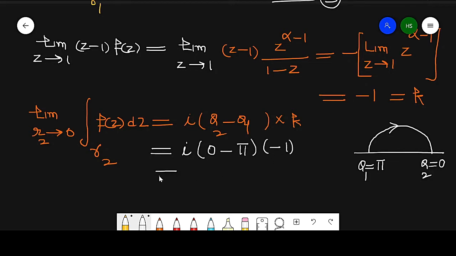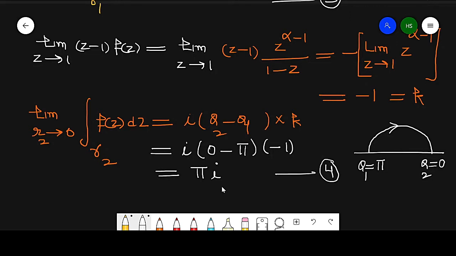So this is positive, and the total value is pi iota. Remember that. This is equation number 4.